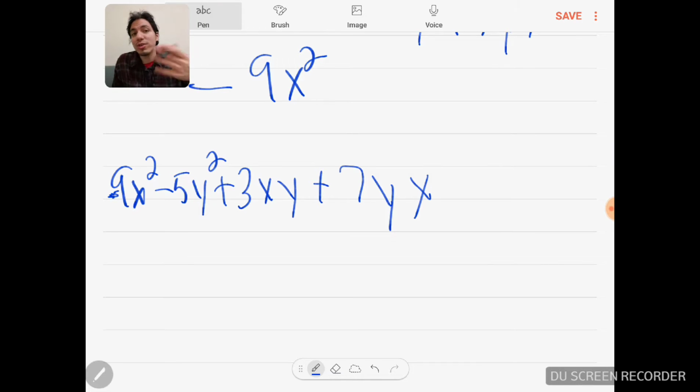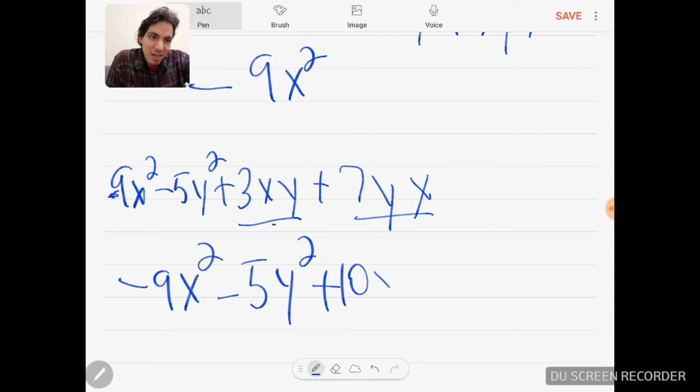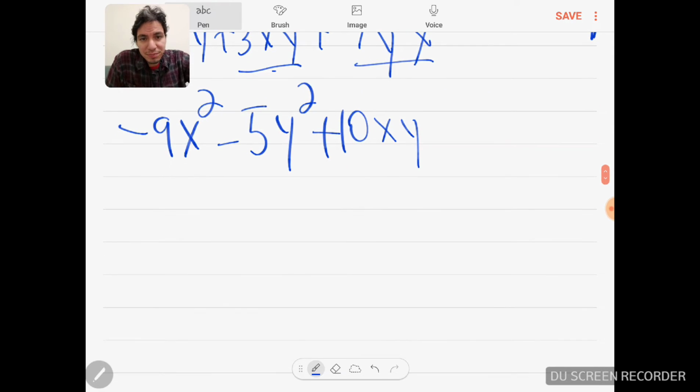Commutative means order doesn't matter when you add something; you can change the order, not when you subtract. Sorry, ignore that last part. So therefore, I could technically combine these two terms and get negative 9x squared minus 5y squared plus 10xy or 10yx, whichever you prefer. You still get the same answer.